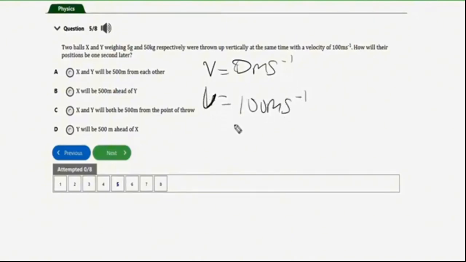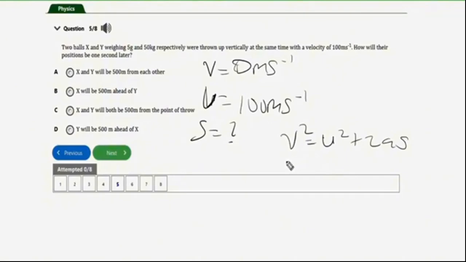Okay, so it says how will their positions be 1 second later. So we're looking for the distance x, which is unknown. So we're going to apply this equation of motion, which is v square equals u square plus 2ax. Since we're dealing with motion under gravity, we change this equation of motion from uniformly accelerated motion into a motion under gravity.